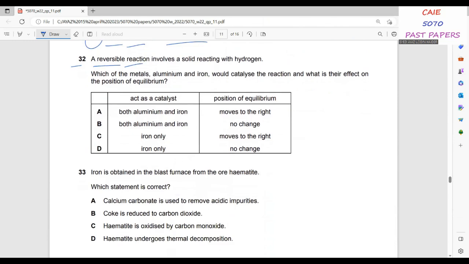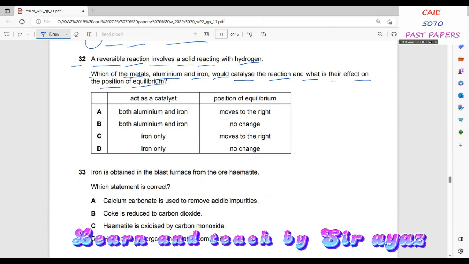32. A reversible reaction involves a solid reacting with hydrogen. We are reacting a solid with hydrogen, any solid with hydrogen. Which of the metals, aluminium and iron, would catalyze the reaction, and what is their effect on the position of equilibrium? First of all, see the position of both of these metals in the periodic table.